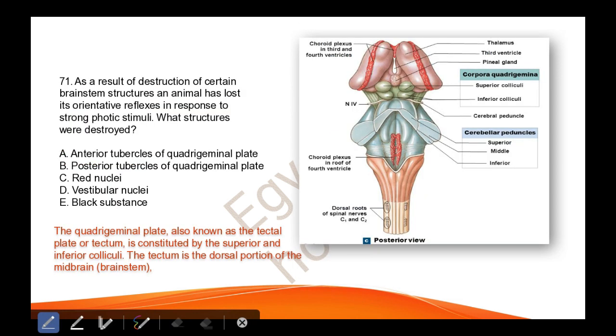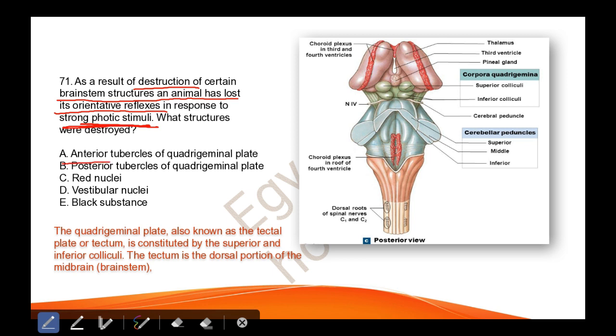So next question, this is an anatomy question, where we destroyed the brainstem structures of an animal, and this animal lost its orientative reflexes, and also strong photic stimuli, meaning visual stimuli.